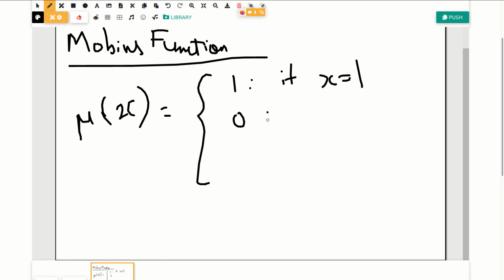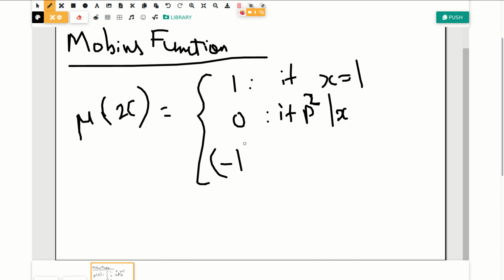It is equal to 0 if there is some prime p for which a square power of it divides x. So basically any number x which has a prime power more than 1 dividing it, the mu of x function turns out to be 0 for it.